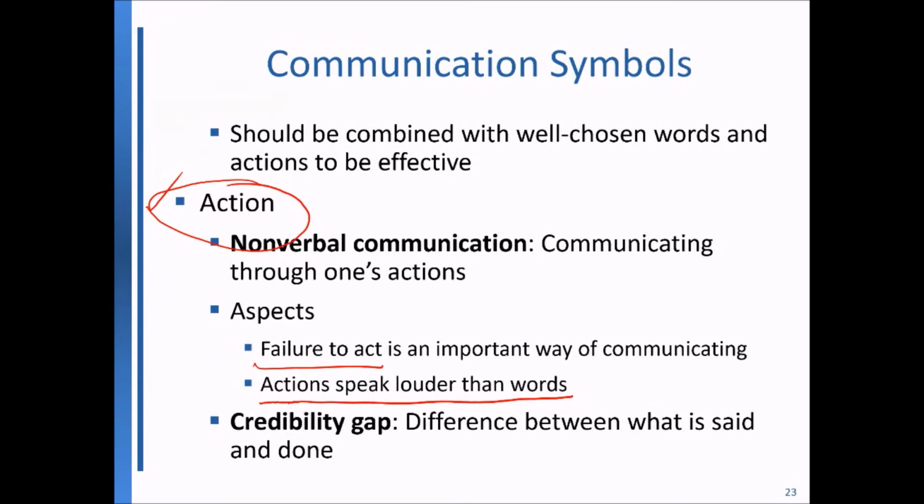It says here, one aspect in non-verbal, it says, failure to act is an important way of communicating. Okay? So that means we need to consider that when we talk, when we use words, sometimes we need to combine it with action. Because if you are saying something but you fail to act, sometimes the meaning changes.